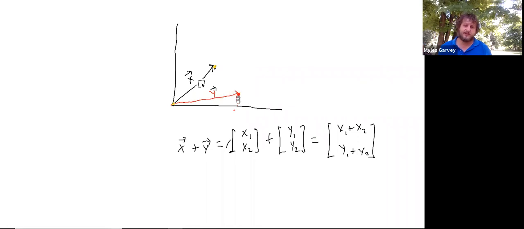When we add vector x and vector y, what we're actually doing is shifting it up so that the source of y is at the sink of x. The origin of y is at the destination of x.